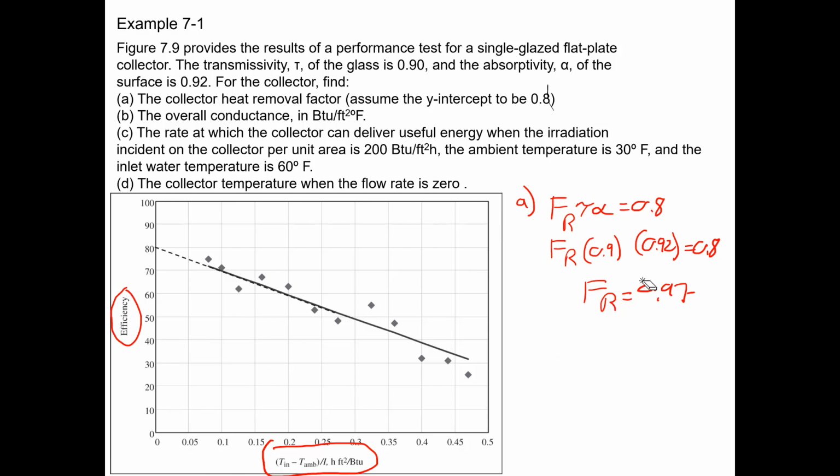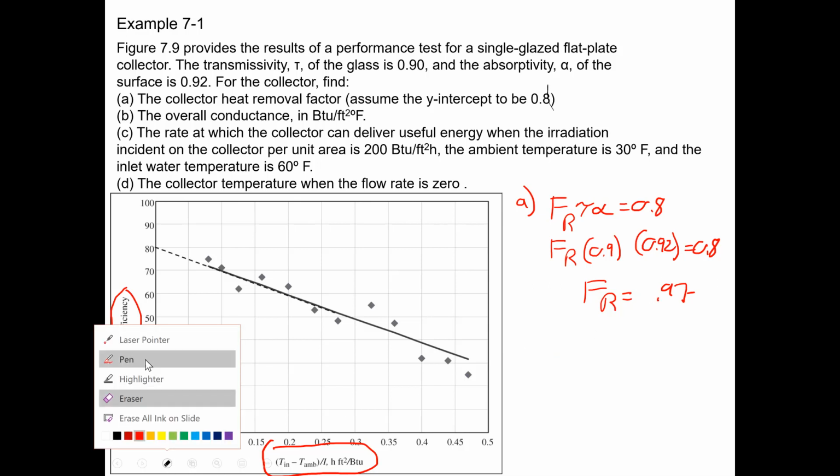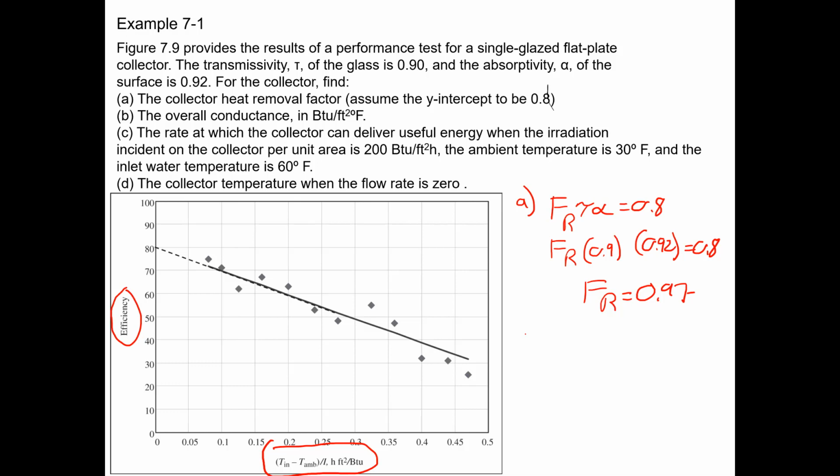Part B is asking you to compute the overall conductance. Now, the overall conductance can be figured out from analysis on the graph. The efficiency is equal to the intercept minus the slope times x, where x is T in minus T ambient divided by the sun irradiation.